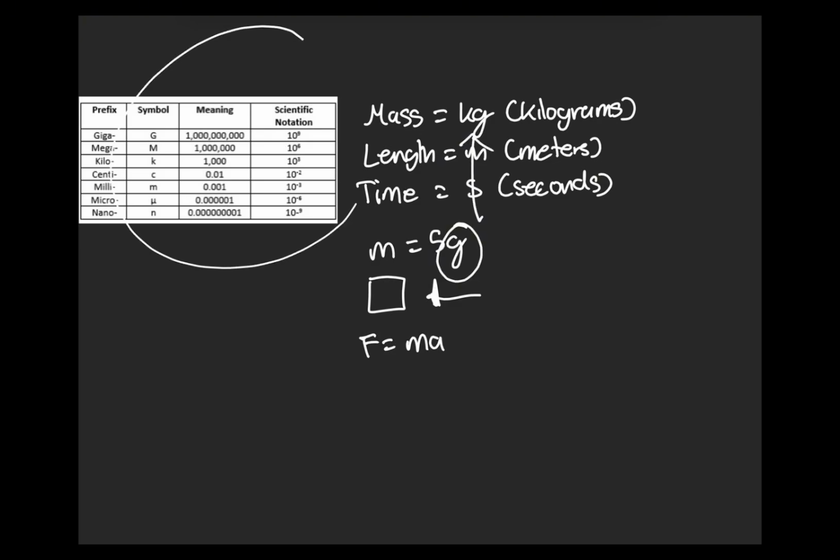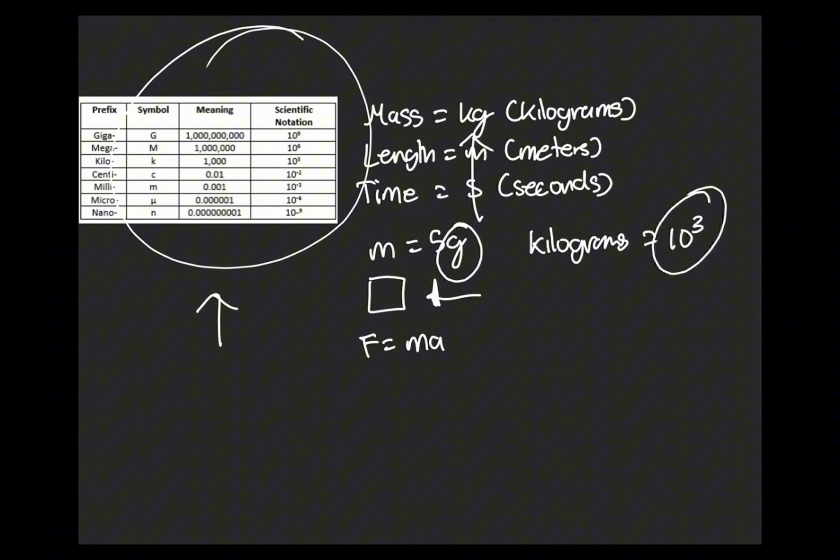Well, look at this chart. This chart is on the reference table. So we know that kilo is equal to 10 to the power of 3. Now, what does 10 to the power of 3 mean? It means that there's 10 to the power of 3 grams in a kilogram, which means there's 1,000 grams in 1 kilogram.